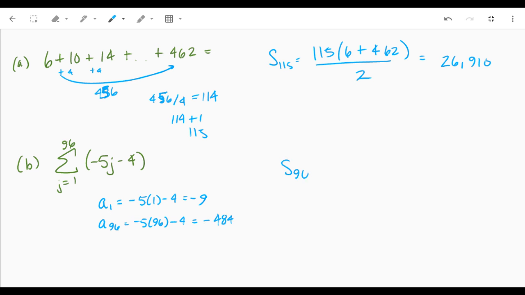So the sum of our 96 terms is 96 times negative 9 plus negative 484 over 2. And that works out to be negative 23,664. All right, let's take a look at our next one.